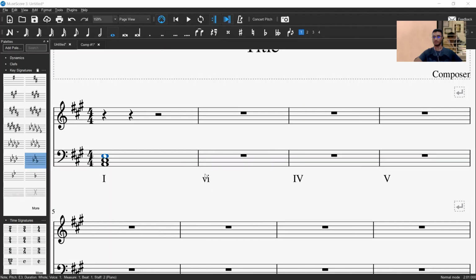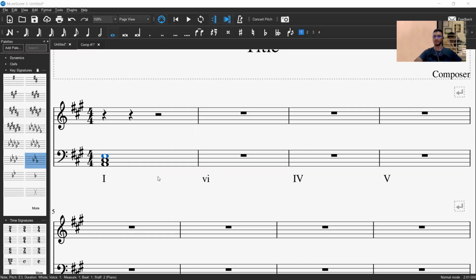Does anyone want to go and do the sixth one? Sixth note of major key. Now you can find the sixth chord by just counting up A, B, C, D, E, F. Yeah, exactly.